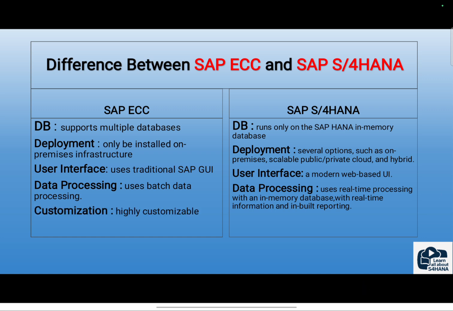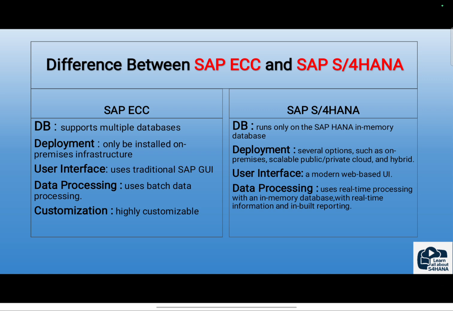Next, we jump on to customizations. ECC is highly customizable, which means it requires extensive coding in ABAP, which could often break during the upgrade process. If you go for an upgrade with customizations, there will be breakages, and when moving to the destination server, there may be loss of data.